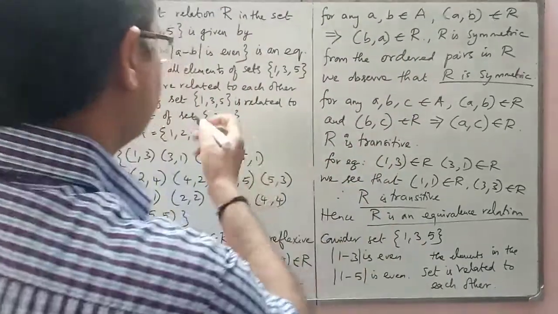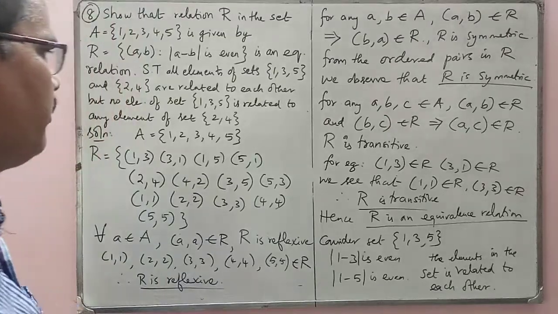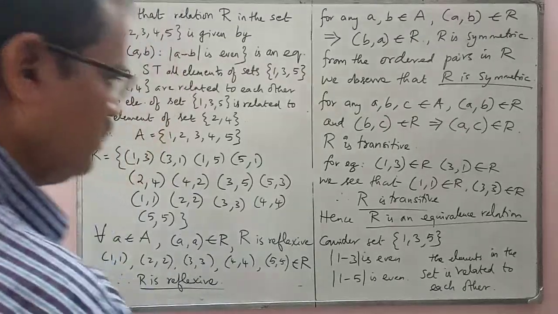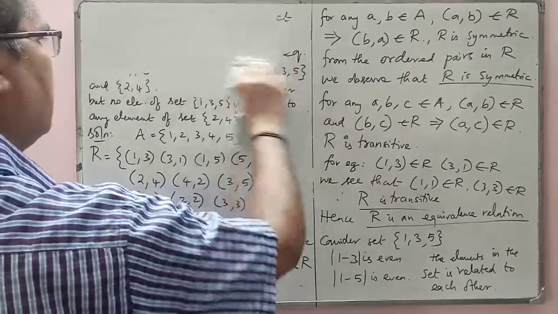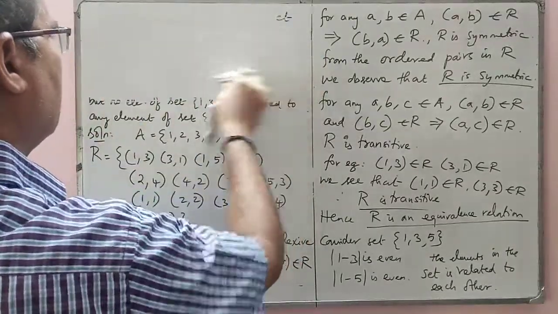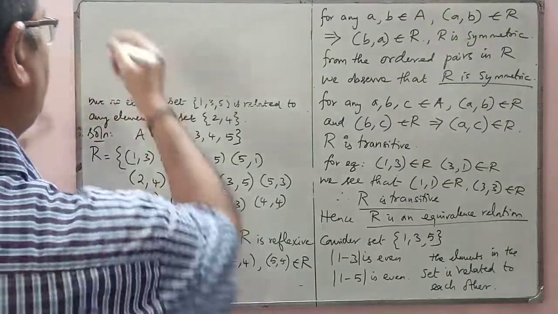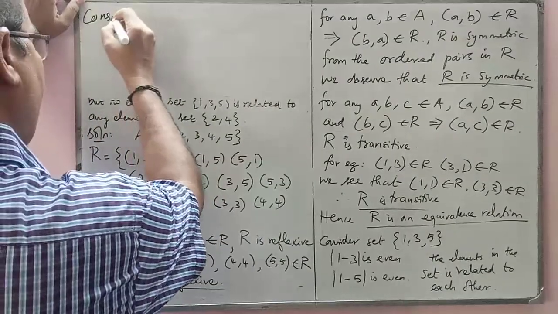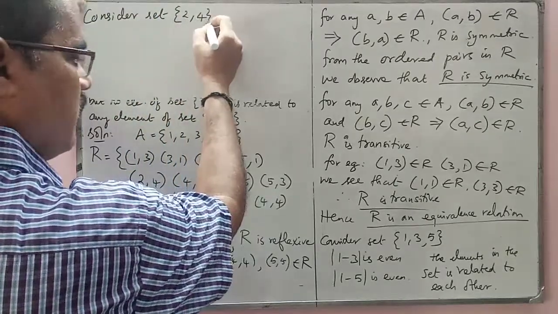The same is the case with {2, 4}. If you take 2 comma 4, the difference between 4 and 2 is 2. So they belong to R. So I write, consider the set {2, 4}.